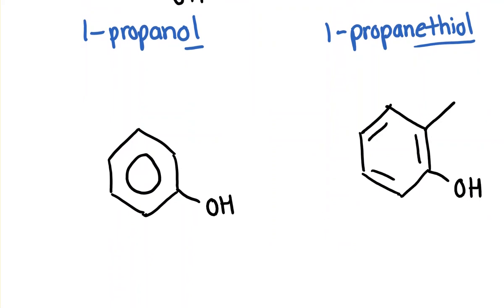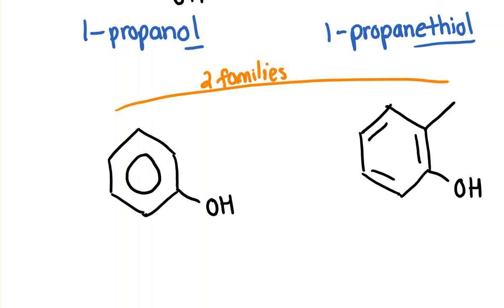Next, we have 2 compounds that are kind of similar. These are actually in 2 families. These are both, so definitely compounds can fall under 2 families. The first family that we're in, they're aromatic.